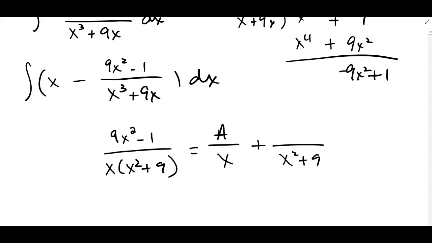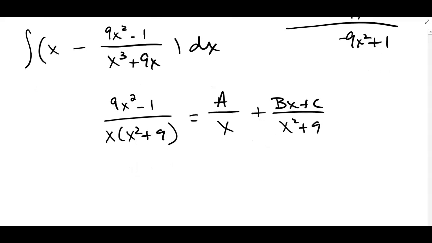If you have a quadratic on the bottom, you need a linear on the top, so that's your Bx plus C. So what's that going to give me? Ax squared plus 9A plus Bx squared plus Cx. This one's not that bad. The long division was the hardest part of it, it appears.